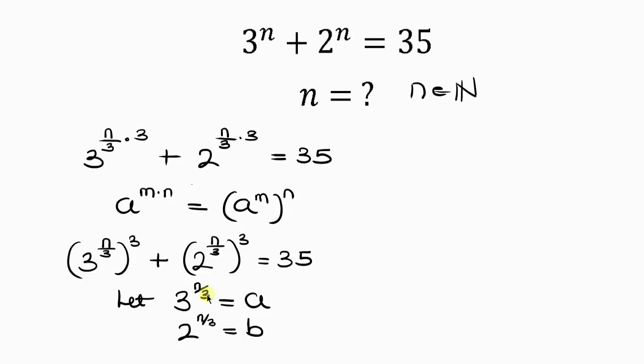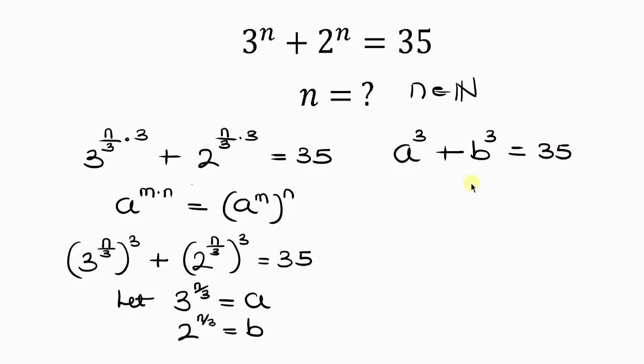So wherever I see this expression, I'll put a, and whenever I see this expression, I'll put b. So this will be a to the 3 plus b to the 3 equal to 35. Very good.